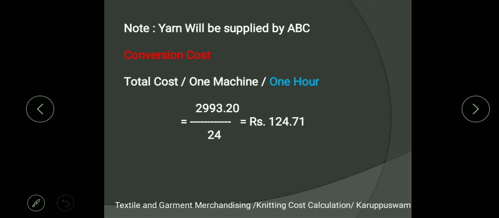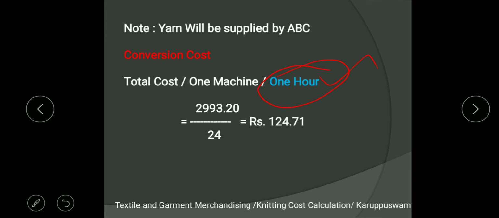And then the next process is you should calculate the total cost for one machine for 1 hour. So previously we calculated the total expenses which is required to run one machine for 1 day. Now we are calculating the expense incurred to run one machine for 1 hour.